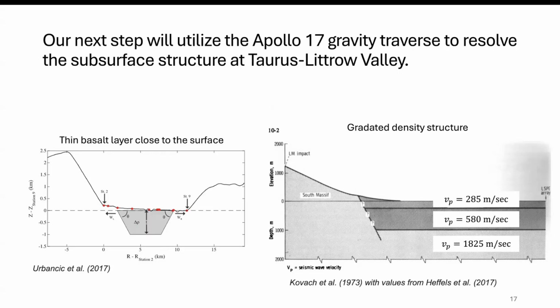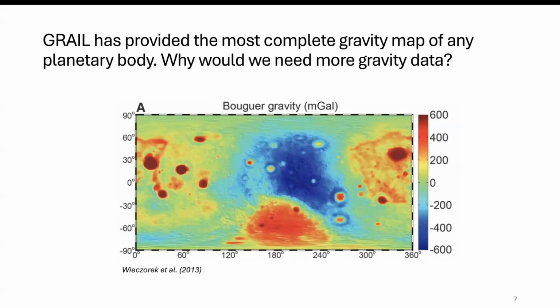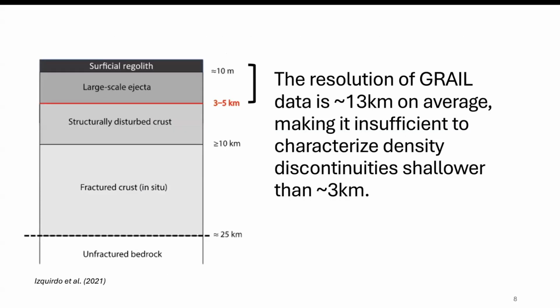I think they got down to 6 meters of the lunar subsurface, but gravity fills that fuzzy difference between 10 meters and 3 kilometers that we can't quite get to. Seismic stuff would be great, but localized regions are harder to get. We can't necessarily put a seismometer every single place we go.